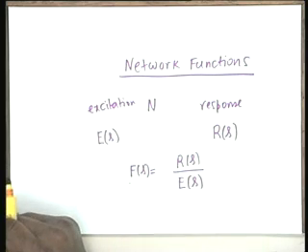This is the definition of the network function, under the condition that the network is initially relaxed. That must be remembered. A network function is defined only under that condition.